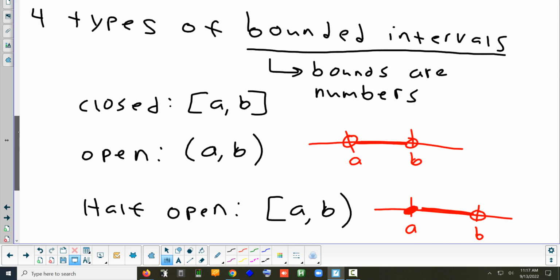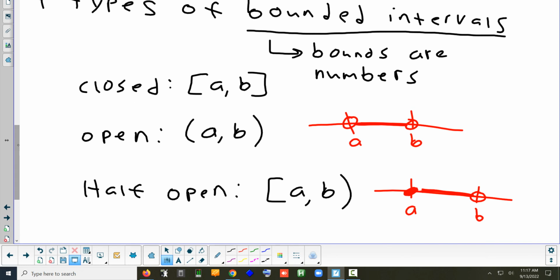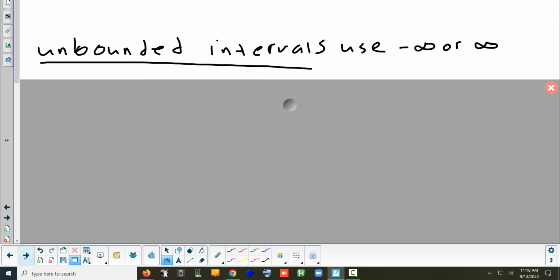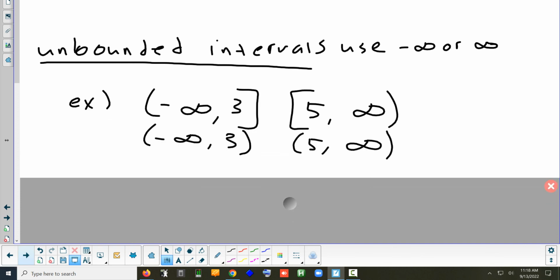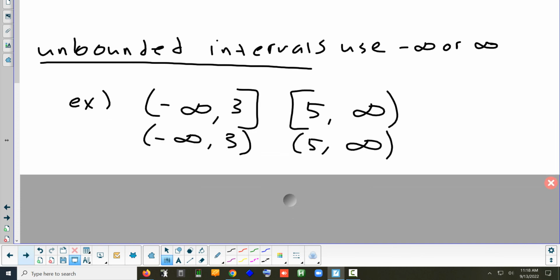So these are bounded. The other type of interval we can have is unbounded. What do you think you would see in an interval if it is unbounded? Yeah, you would see infinity. So an unbounded interval can use either a positive or negative infinity.